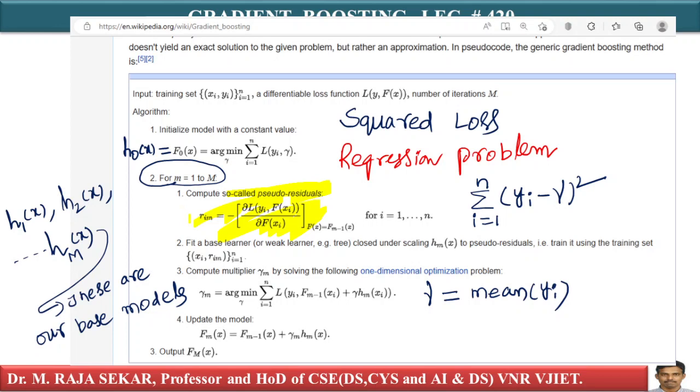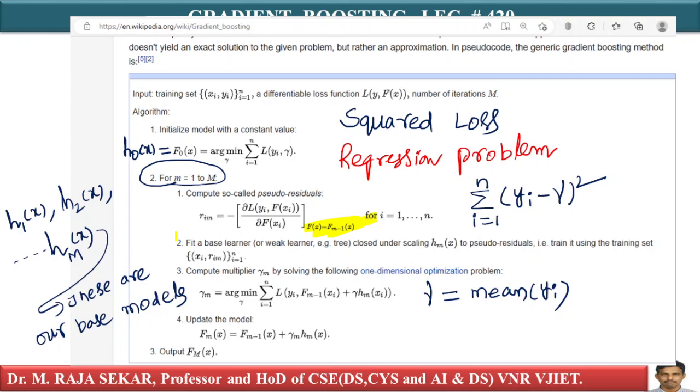What is my f of x? Just check here. F of x is equal to f of m minus 1 of x, because right now I have already done m minus 1 stages. I am at the mth stage.